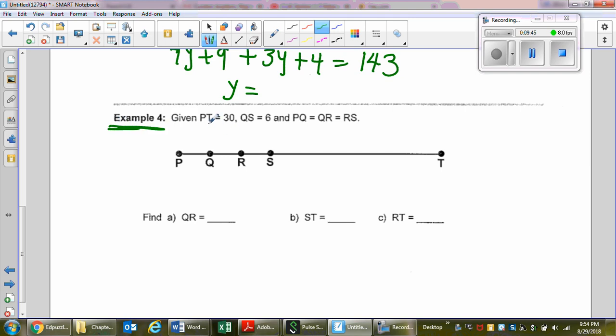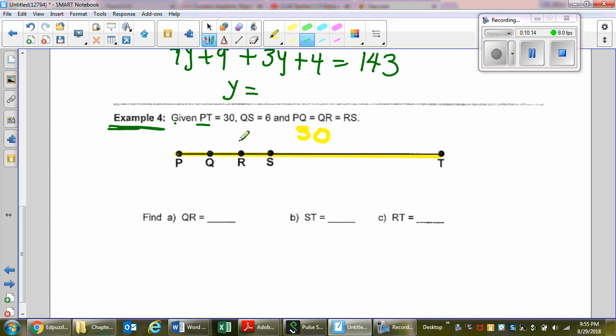One thing I can recommend that you do when you see a problem like this is label it. In geometry, that's why I have color pencils in class. I don't know if you guys paid attention to it, but it helps me identify what they're talking about. So PT is the whole thing. So I know from here to here, the whole thing is 30 units, right? All right, QS.